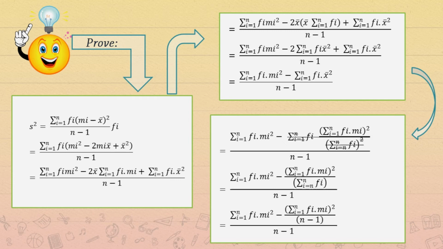This is the last step and the last result. Substitute sigma frequency with n, so we can write the final result as sigma frequency multiplied by squared median minus, in brackets, squared sigma frequency multiplied by median divided by n, all divided by n minus 1.